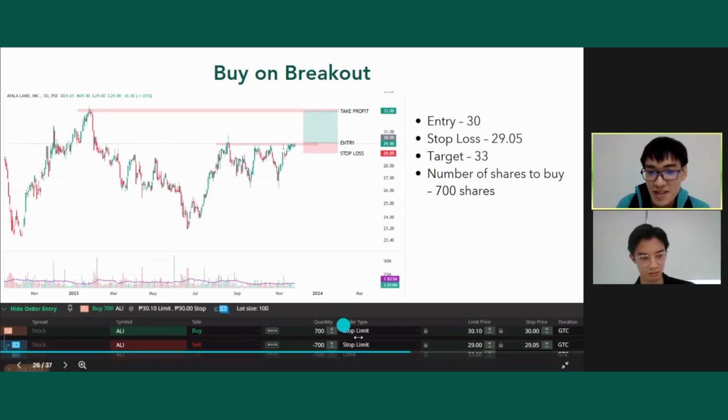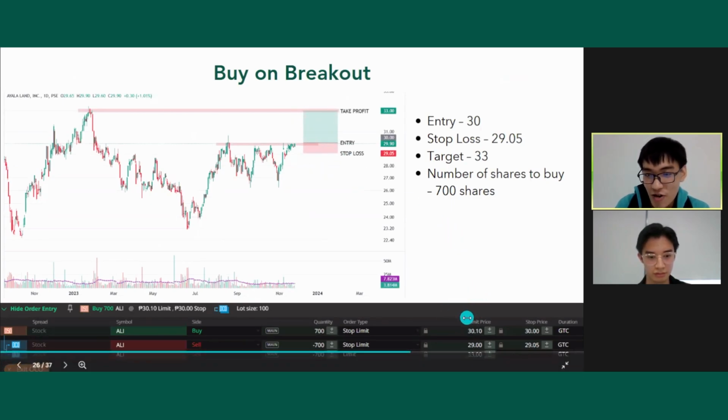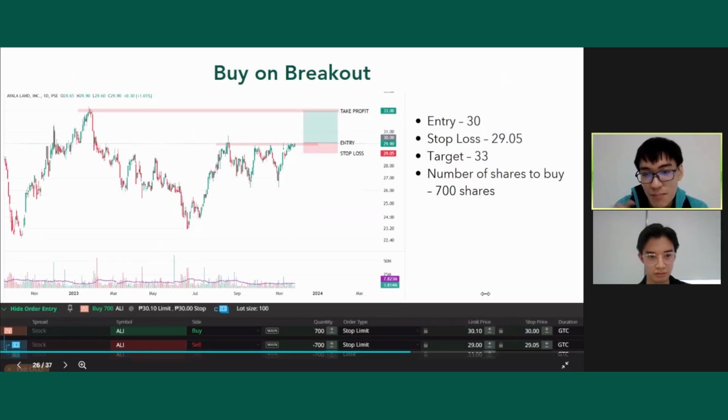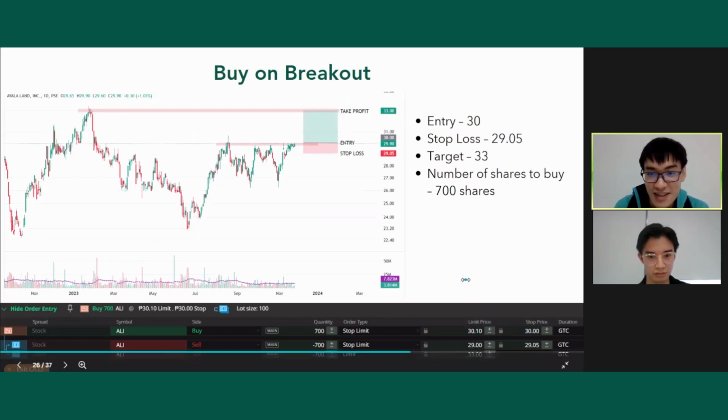So that would be a stop limit order, a buy. Your stop price will be at 30. Then if price hits 30, your limit buy order of 30.10 will execute. So if it hits 30, magbabuy na siya at 30.10 para ma-fill ka na agad.